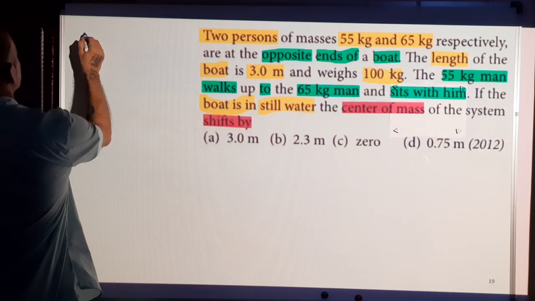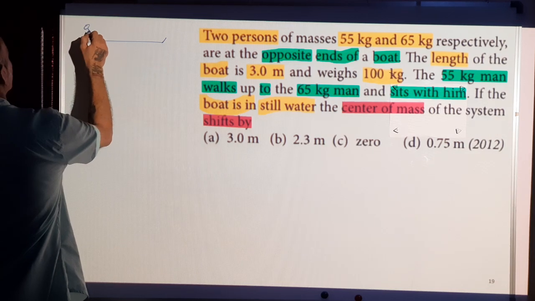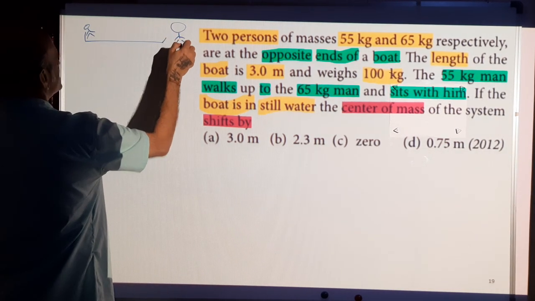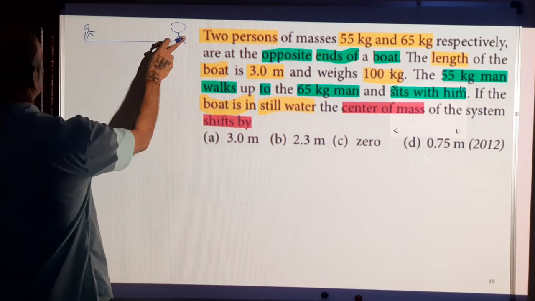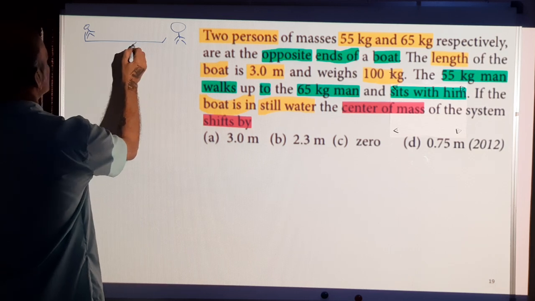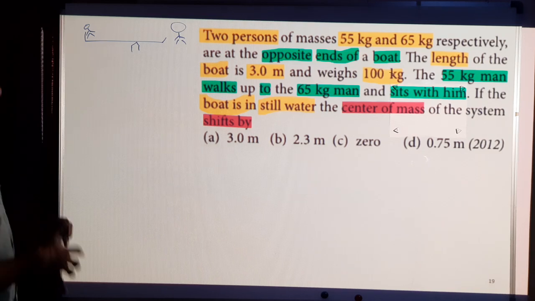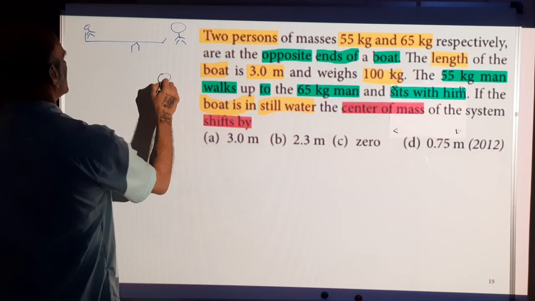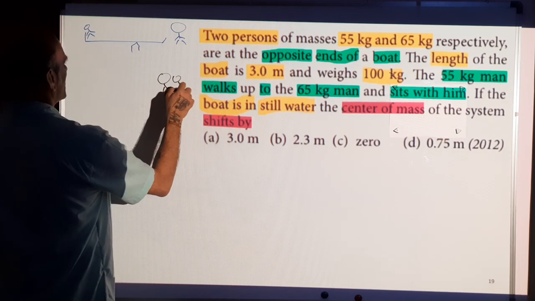First situation, this is the board. At one end there is the 55 kg man, and there is a heavier man, 65 kg. If the two people were the same, the center of mass would be in the middle. But since this guy is heavy, the center of mass is slightly towards the heavier person. In the second case, the heavier person and the lighter person are on the same side.